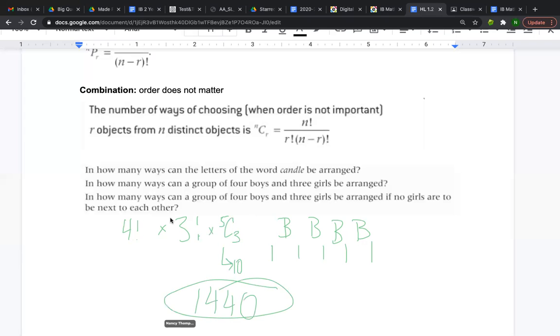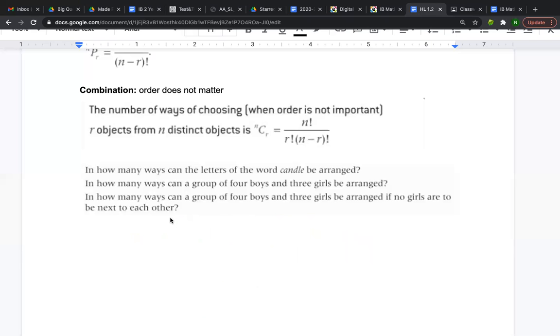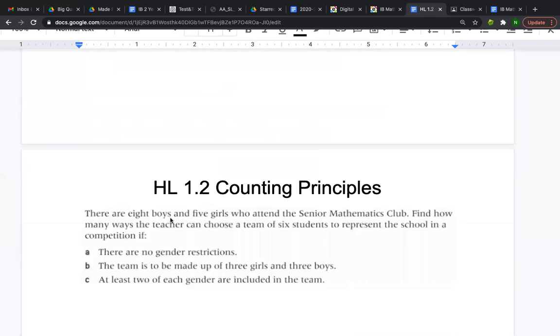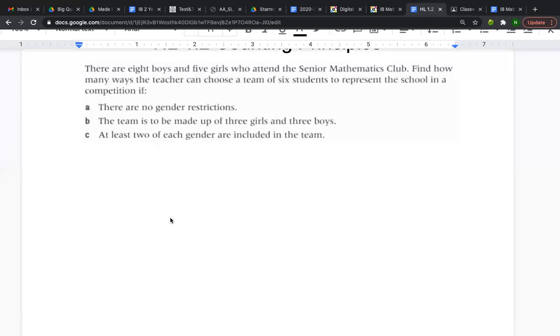Okay. All right, so moving on from there. I have that there are 8 boys and 5 girls who attend a senior mathematics club. And then the teacher can choose 6 students to represent a school competition. So the first way is to figure out if there are no gender restrictions, meaning I just need some combination of girls and boys to make 6 in a team.